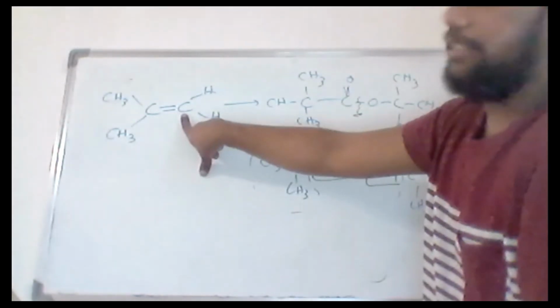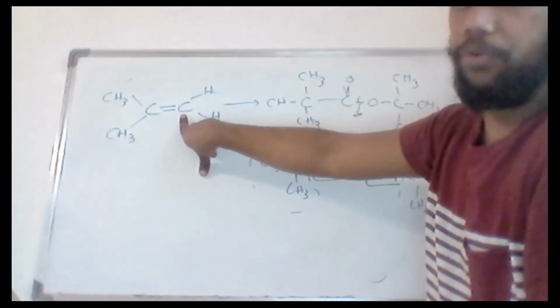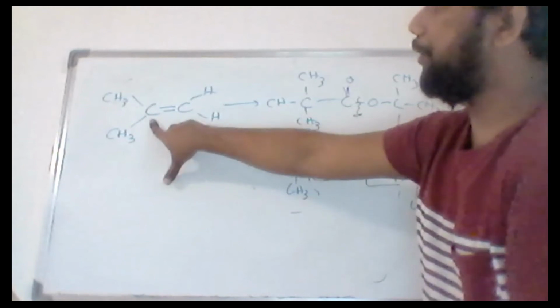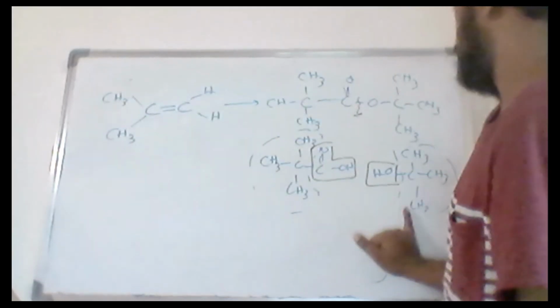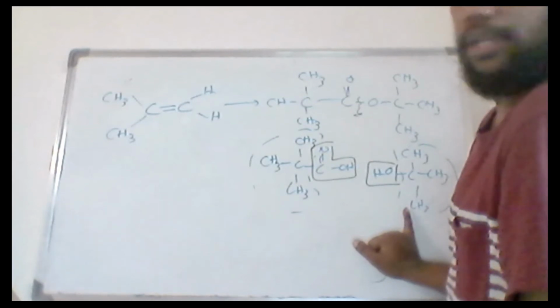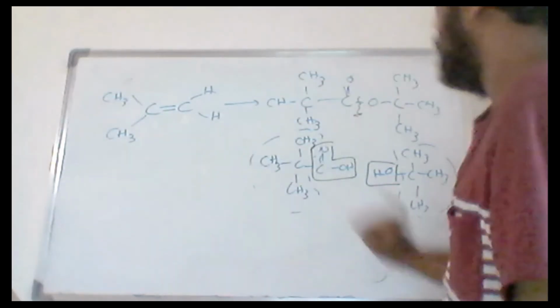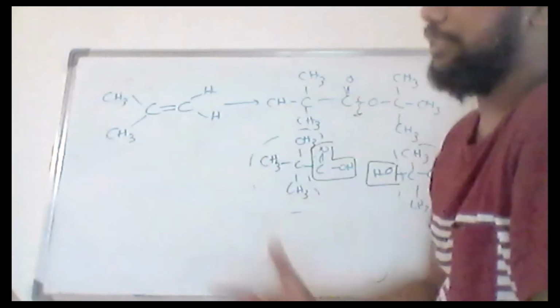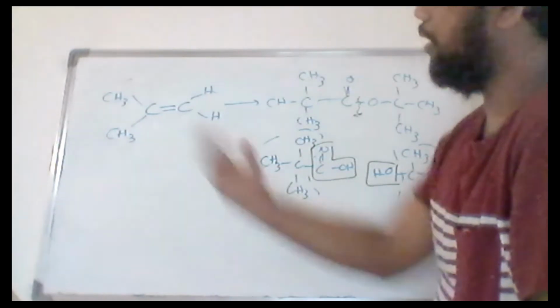If you add a hydrogen to this one, according to Markovnikov rule, and OH to this one, I can see a tertiary carbon, which can be very similar to this one. Okay. So to get this compound from this compound is easy. That is, just want to hydrate the compound.